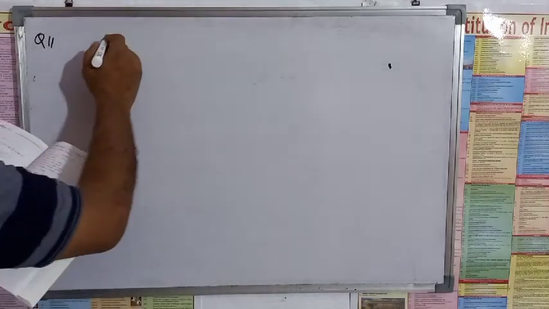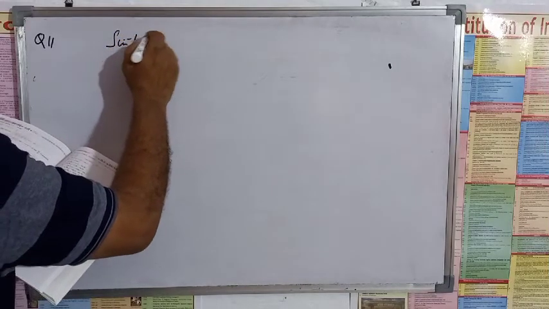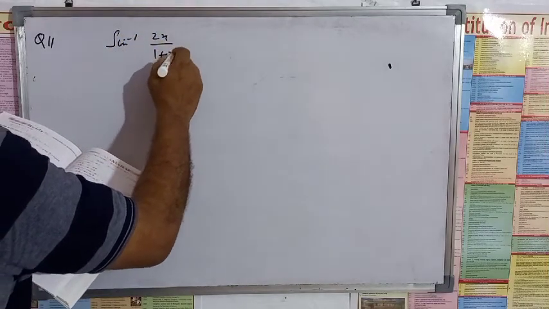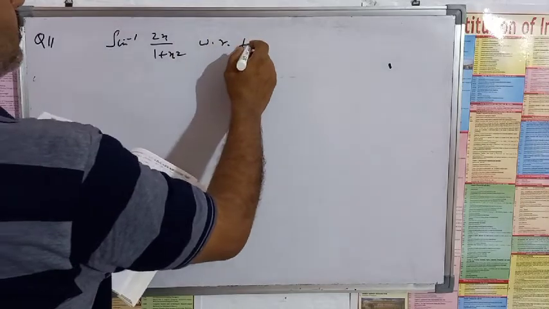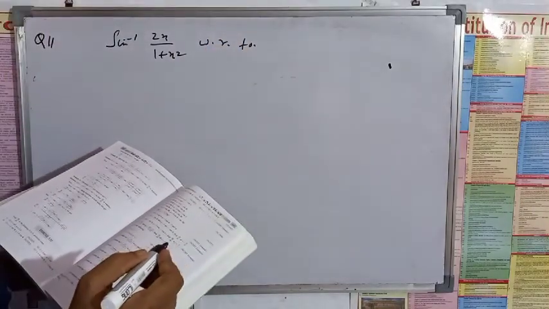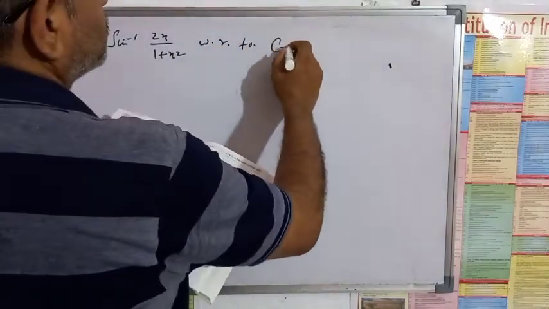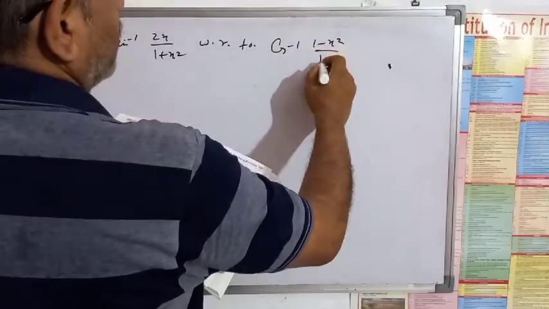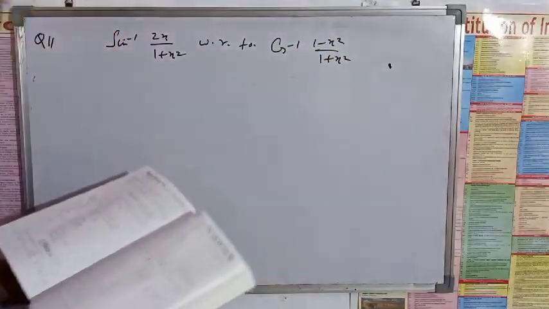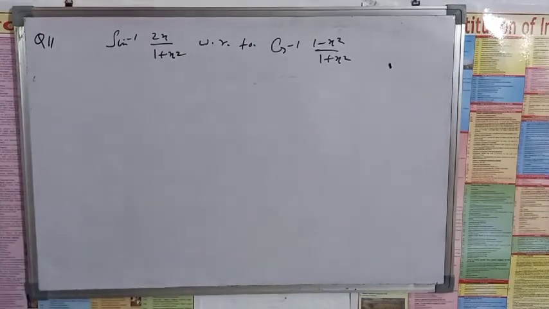So see question number 11. We have to differentiate sine inverse 2x upon 1 plus x square with respect to cos inverse 1 minus x square upon 1 plus x square.